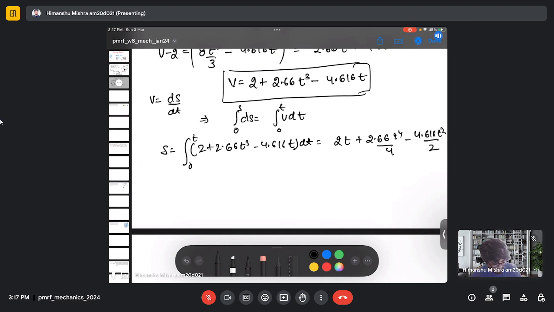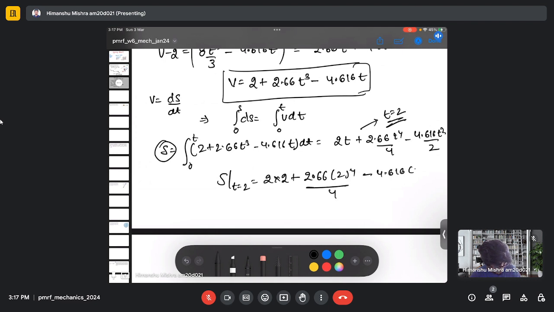And here we need to plug t equals 2 to find this displacement at a specific time, which is t equals 2. So at t equals 2 I have 2 multiplied by 2 plus 2.66 times 2 to the fourth by 4 minus 4.616 times 2 squared by 2.